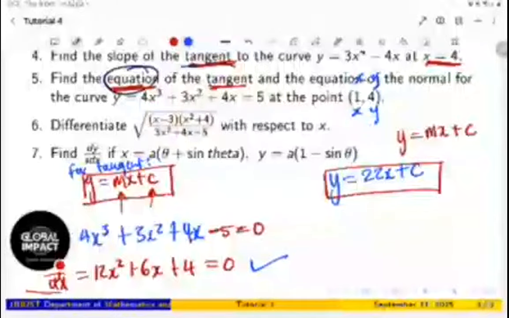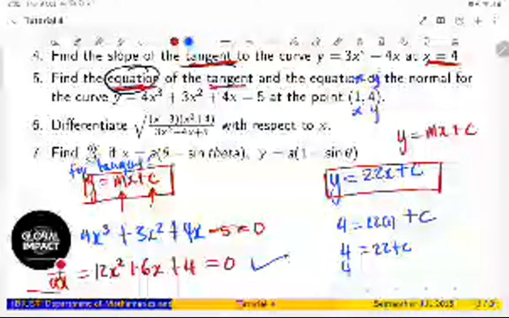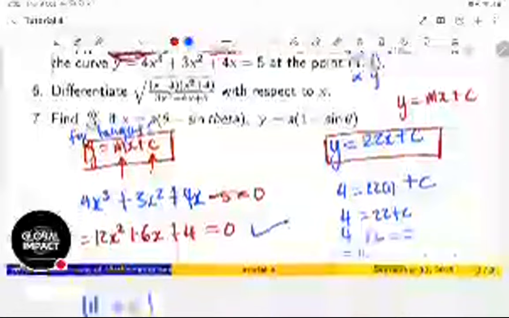So here we'll say 4 equals 22 by 1 plus c. You find your c. 4 equals 22 plus c. So c is 4 minus 22, negative 18.